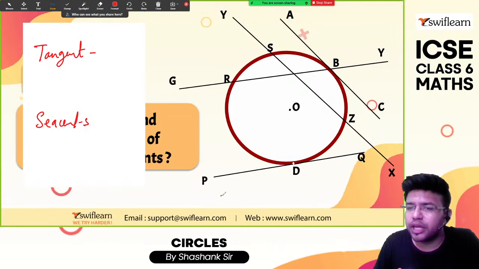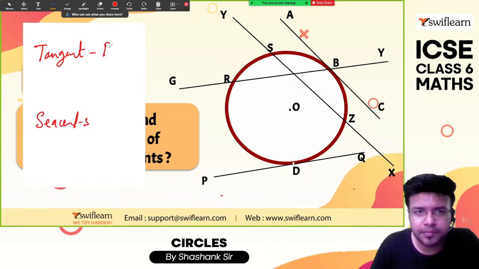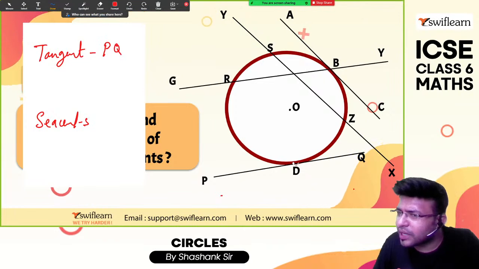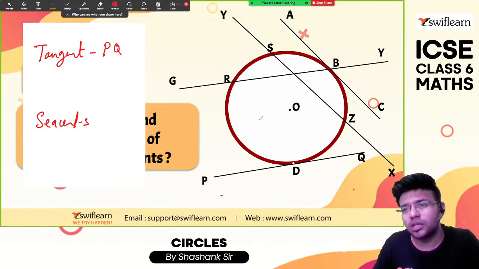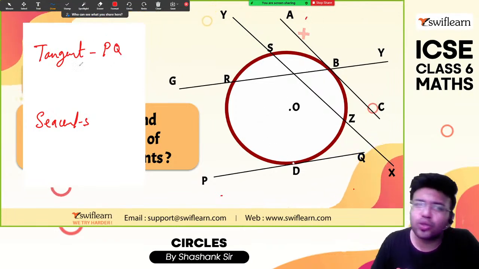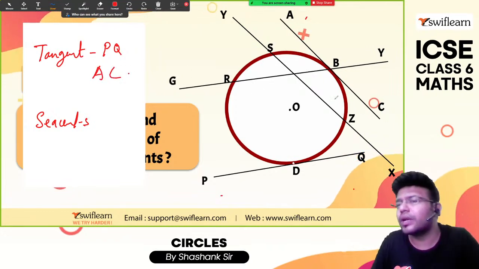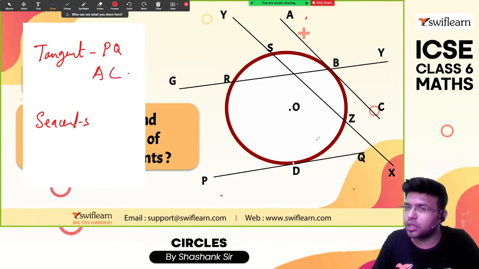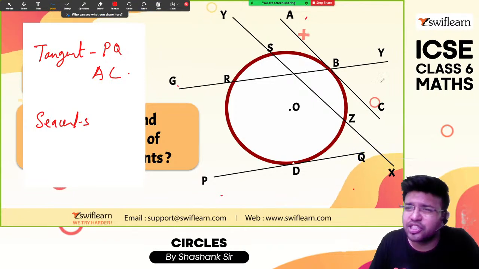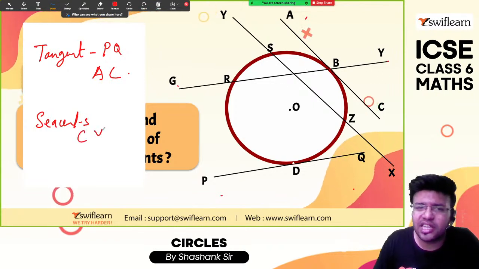Yes. So PQ is a tangent. It is touching only one point D on the circle. AC is also a tangent, which is touching only one point B on the circle. Whereas GY is a secant.